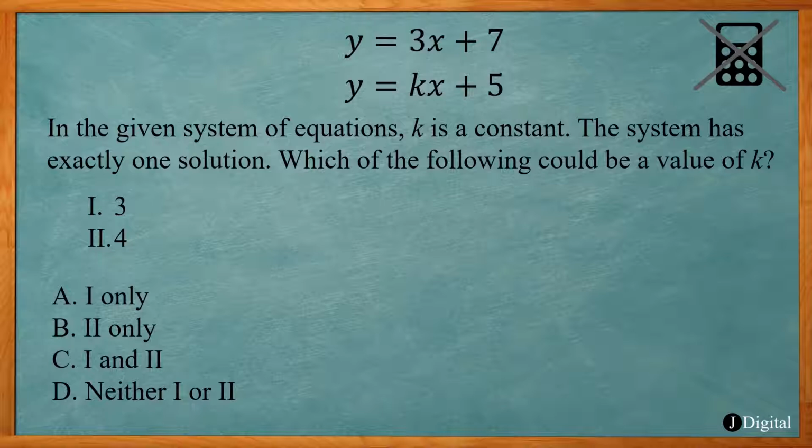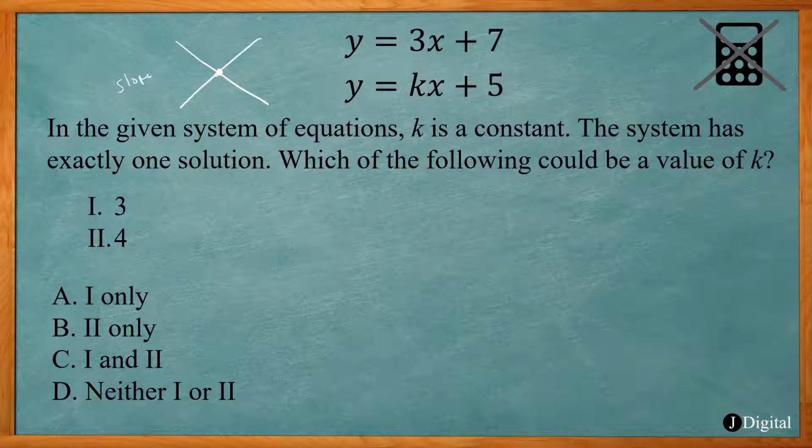So in this example SAT problem, it says in a given system of equations, k is a constant. The system has exactly one solution. Which of the following could be the value of k? If we have one solution, that means they meet in one location, so they need to have different slopes.